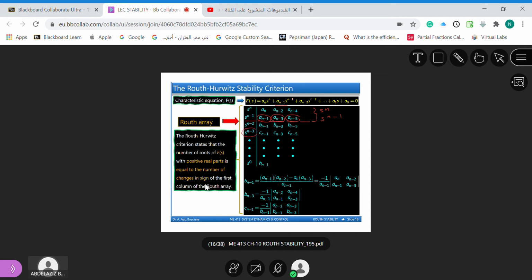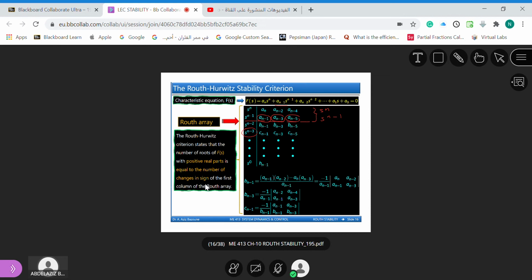Here now we will have bn minus 1, bn minus 3, bn minus 5, cn minus 1, cn minus 3, until we reach hn minus 1. How to calculate these is this way.